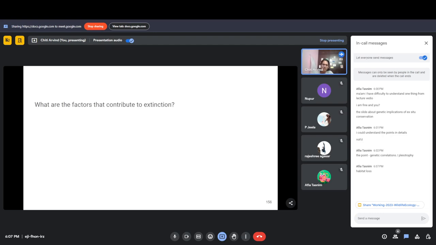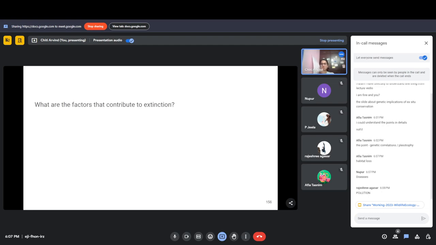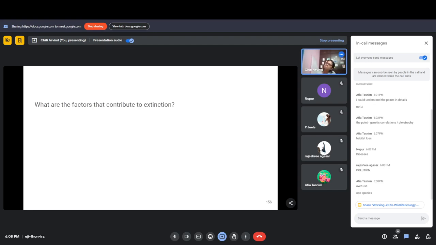Okay, habitat loss. Diseases, yeah. Pollution, yeah. Overuse of one species.